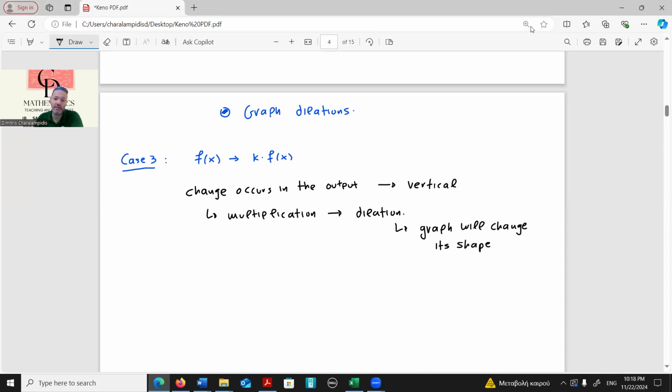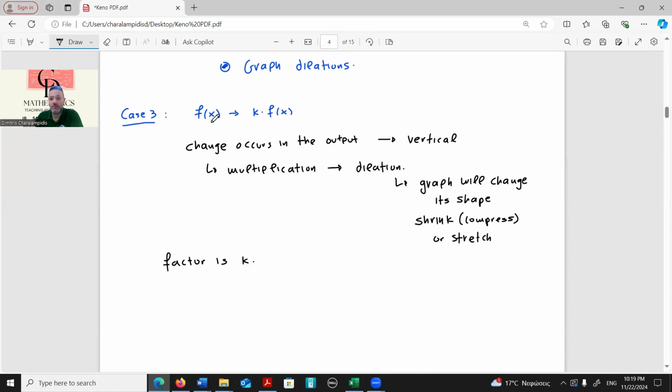And this means that it will either shrink or compress, if you prefer that, or it will stretch. Whatever happens, whether it's a shrink or a stretch, the factor in this case is k. And by factor, we mean the number with which we will multiply so that the graph dilates.